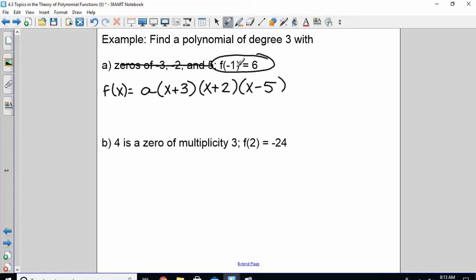Now we're going to find out what that A has to be. So if I plug in a -1 for all my x's, this whole thing has to equal 6. So -1 plus 3 is 2. -1 plus 2 is 1. -1 minus 5 is -6.